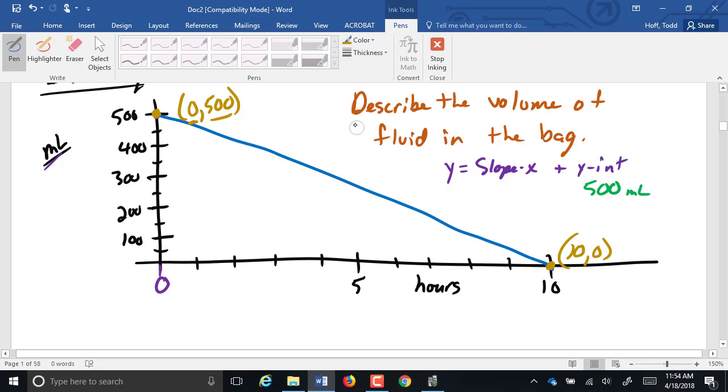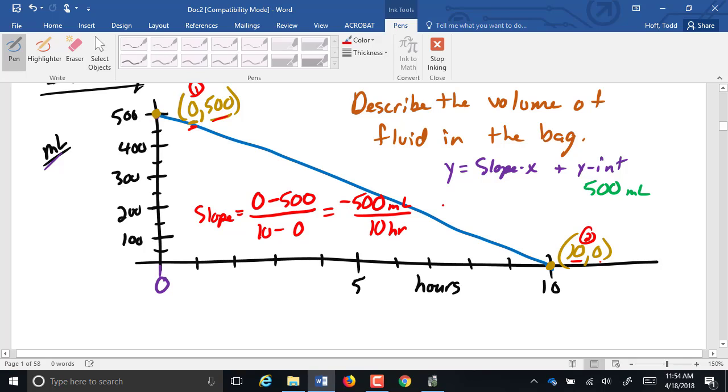So our slope, if I choose this to be point 1 and this to be point 2, y2 is 0 minus y1 of 500. x2 is 10 minus x1 of 0. So 0 minus 500, that is negative 500, and that's technically milliliters, over 10 minus 0 is 10, and that would be hours.